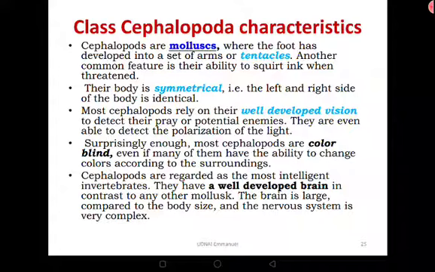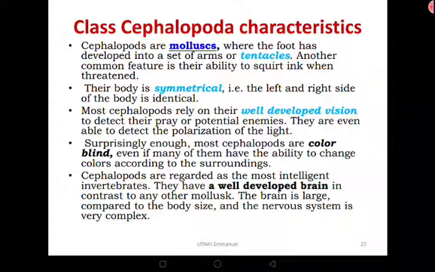And their foot has developed into a set of arms called tentacles. So instead of having the ventral foot like it is in snails, they have developed arms, which are tentacles, very long, and they use them usually for capturing the prey or for defense.